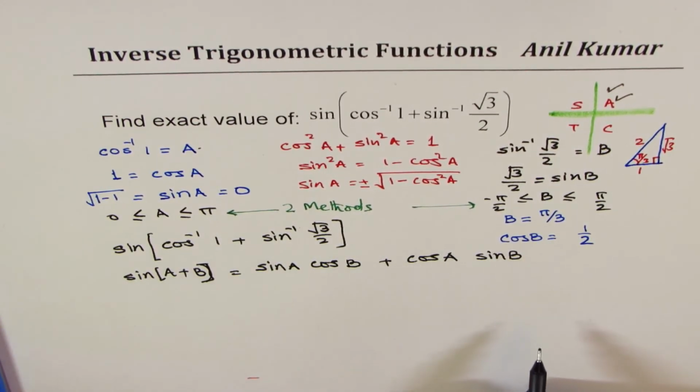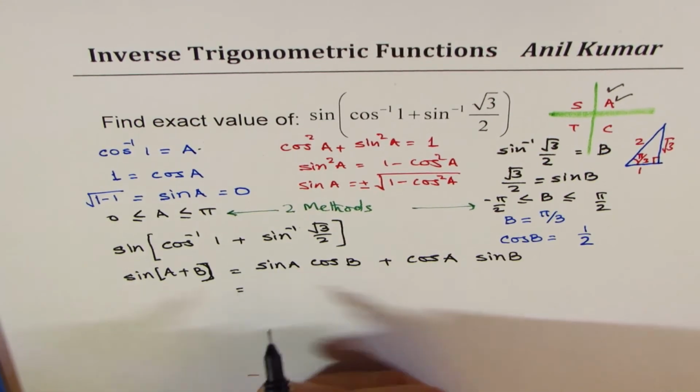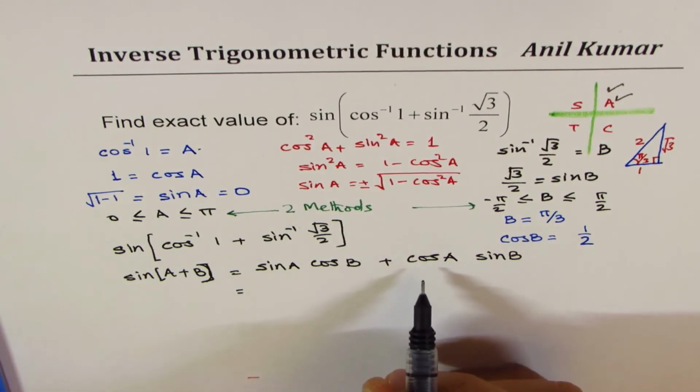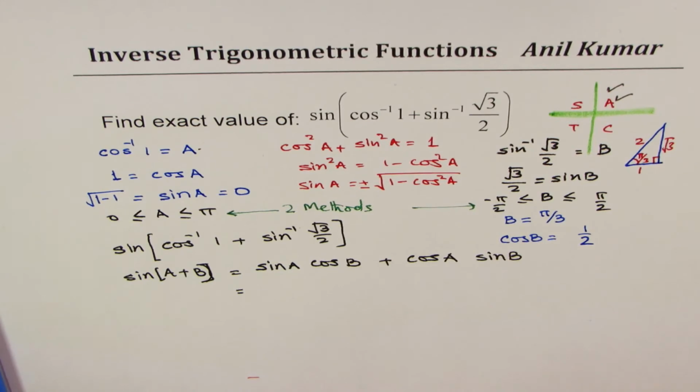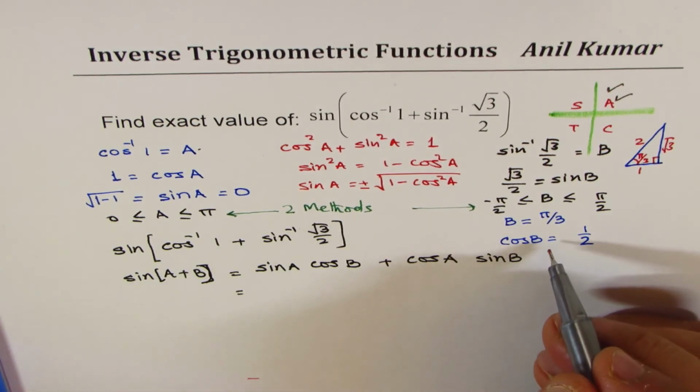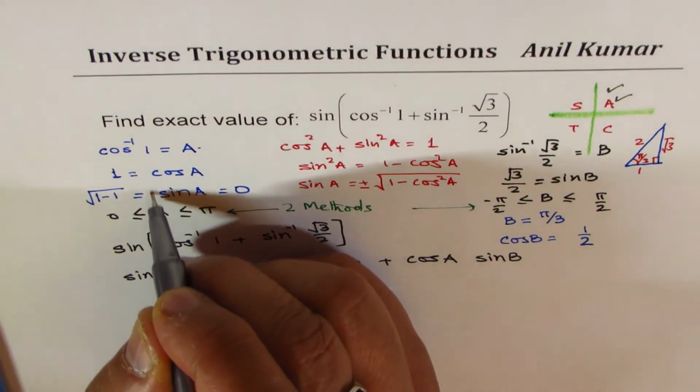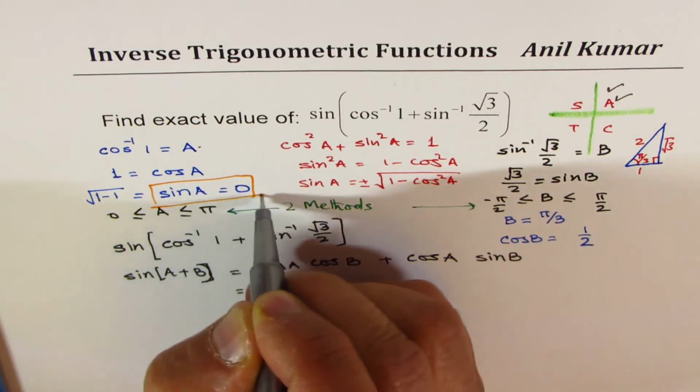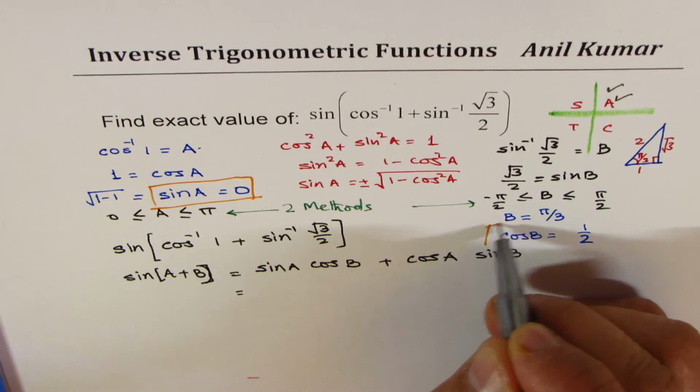We know all the values, so let's substitute them and find the exact value. Sin A cos B: sin A we just found as 0 and cos B we found as half, right?